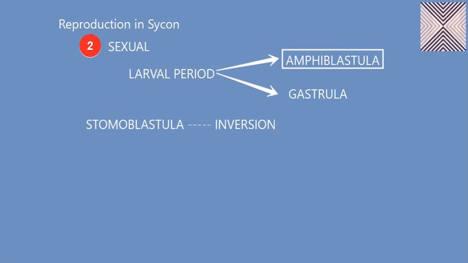So now if I again draw a diagram of this stomoblastula, or here I should say the amphiblastula. These are the 8 macromeres on the lower side. On the top we have the micromeres, but now these micromeres have the flagella towards the outside.